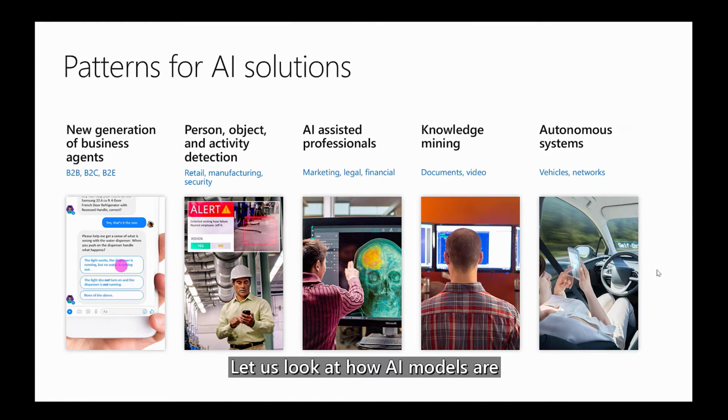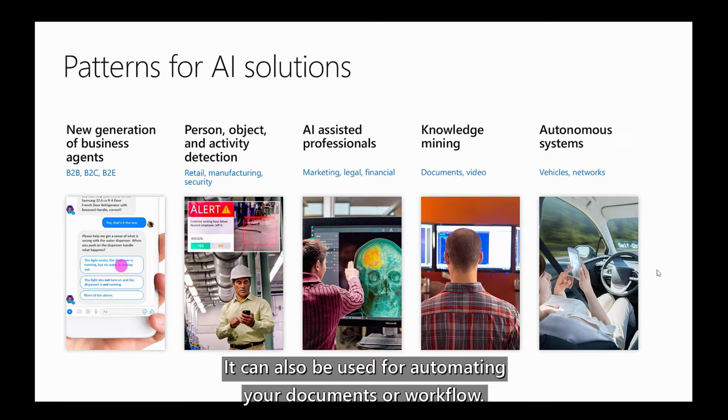Let us look at how AI models are used in different solutions in the industry today. They can be used in chatbots, to detect alerts like in a factory setting, to detect tumors from scans, CT scans or x-rays, and for automating your document workflows.